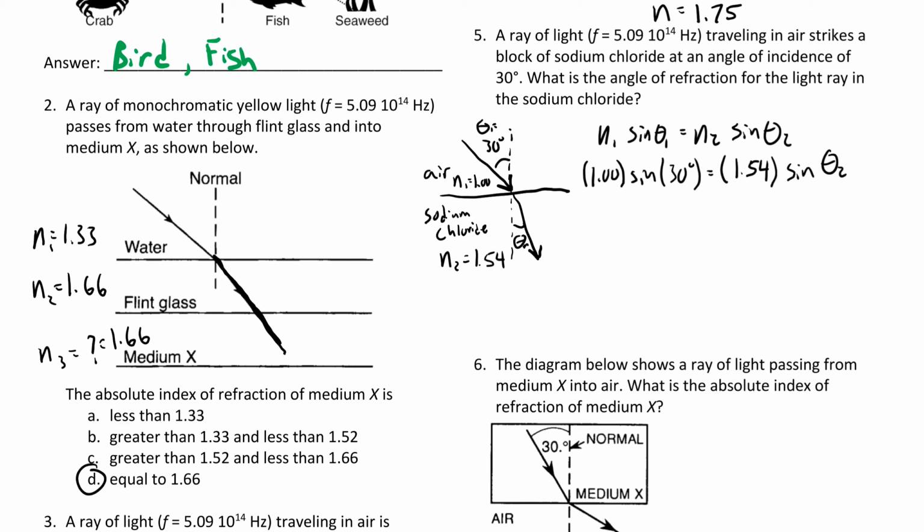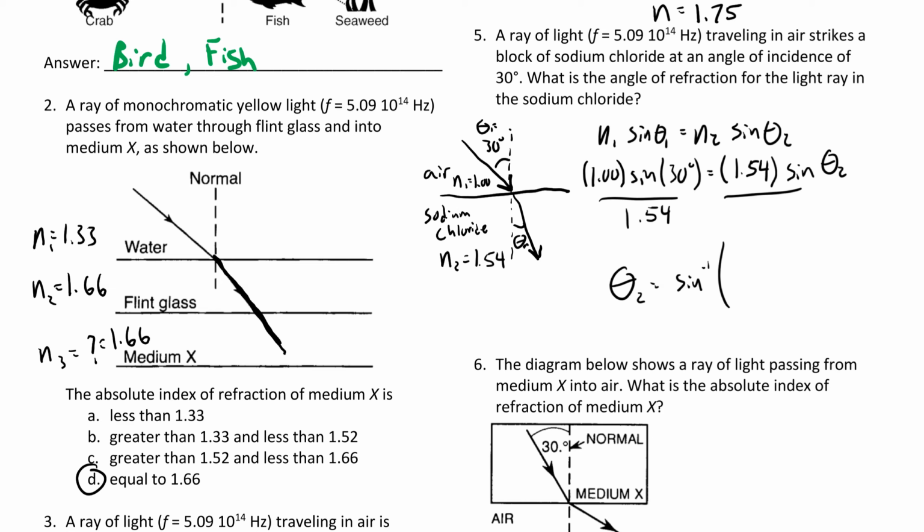If you want, you could divide by 1.54, and then you're going to have to do the inverse sine. So you could all just plug it in one step if you really wanted to.